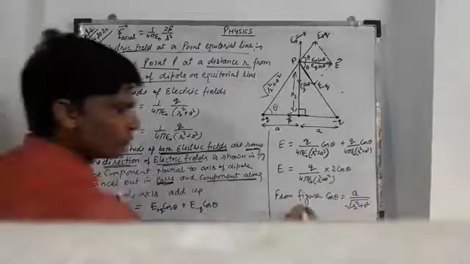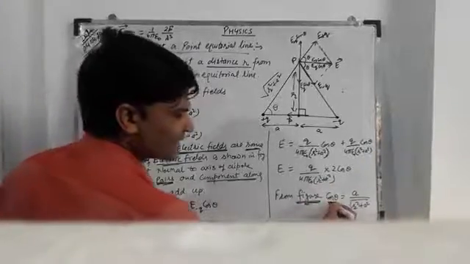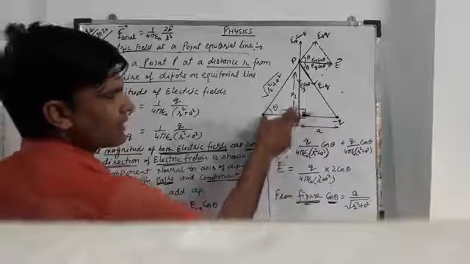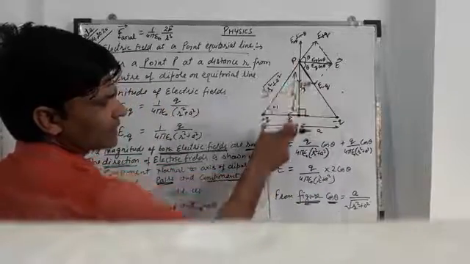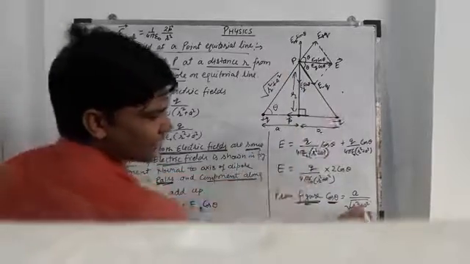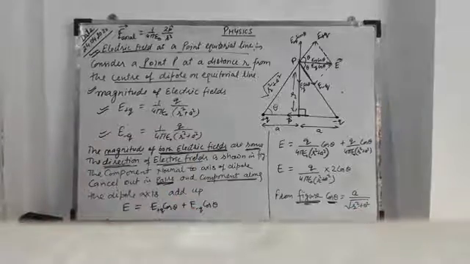From the figure we can see that cos theta is base upon hypotenuse, that is a upon square root of r square plus a square.